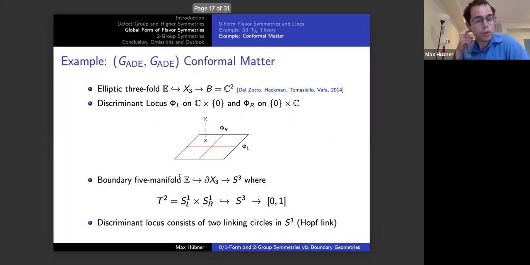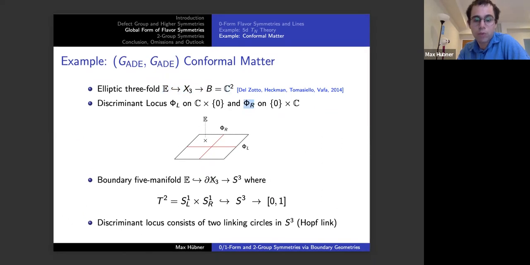So now I want to also discuss a second example, which is going to be relevant when we talk about 2-groups. And this is the example of conformal matter. So the geometry is now going to be an elliptic fibration over C2. And we place ADE singularities, or we place the elliptic singularities of Kodaira type phi L and phi R, along transversely intersecting planes.